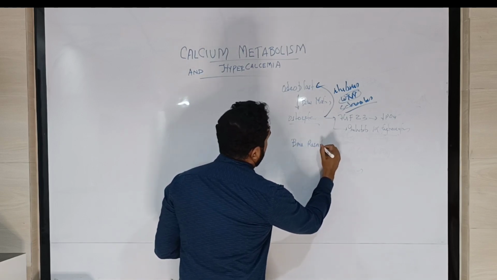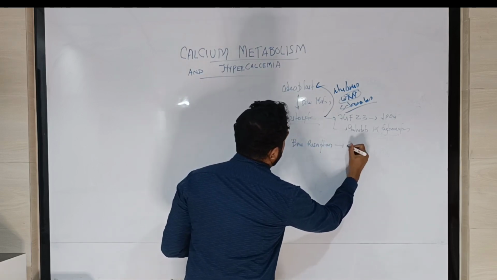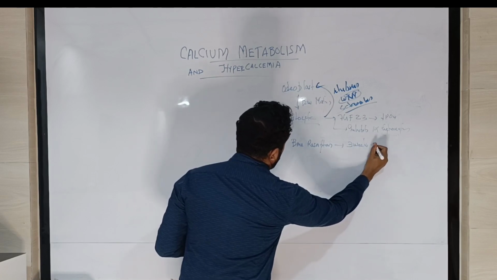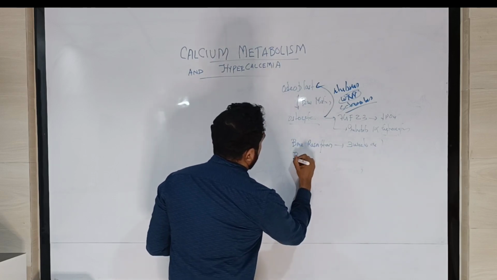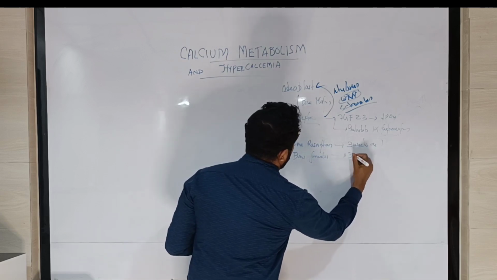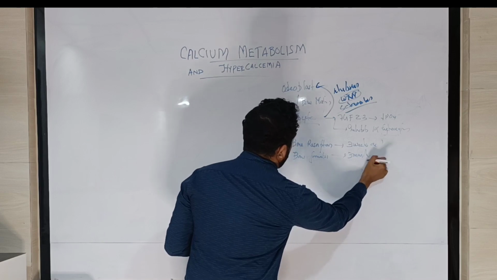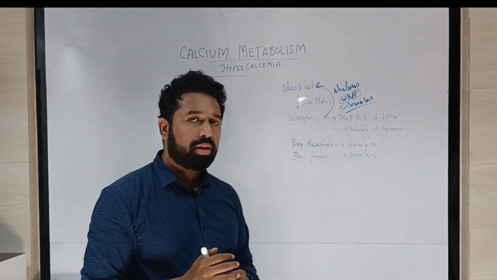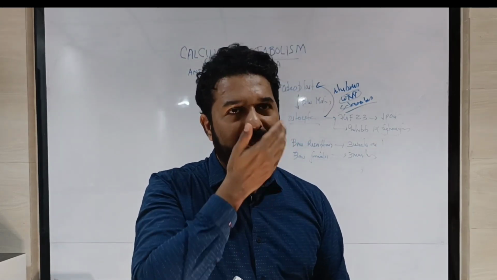Here, one important key thing that you have to remember is that bone resorption takes only around 3 weeks, and bone formation takes around 3 months. So what can we derive from that?